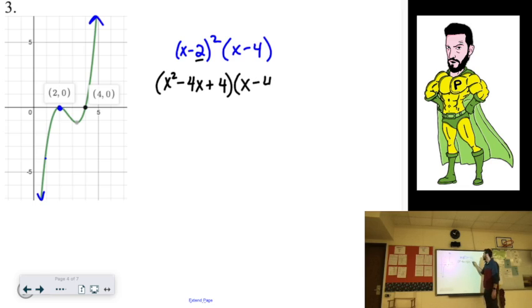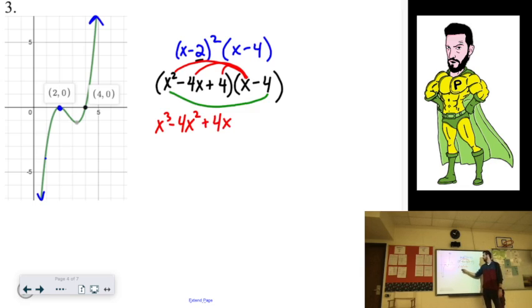We still got to multiply this by the x minus 4. We'll get them all with the x. That'll give us x cubed minus 4x squared plus 4x. Now we'll get them all with that negative 4.